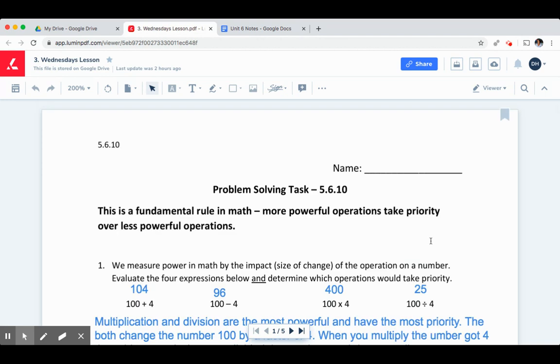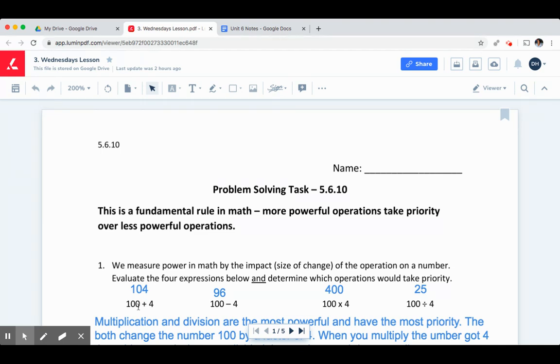The answers to those expressions are right above, and they should not be of any surprise. So we need to use those answers to figure out which of our operations have the most power. Each expression started with 100, and based on the operation, it changed.